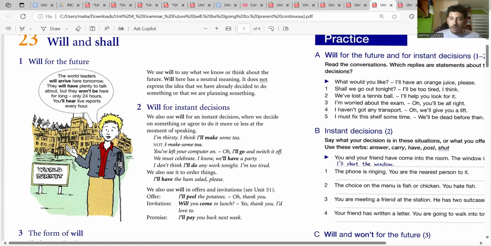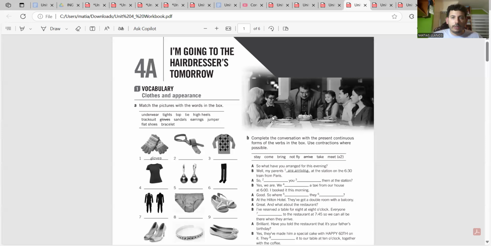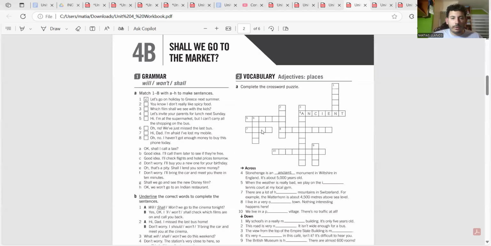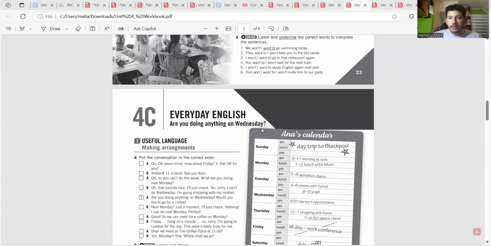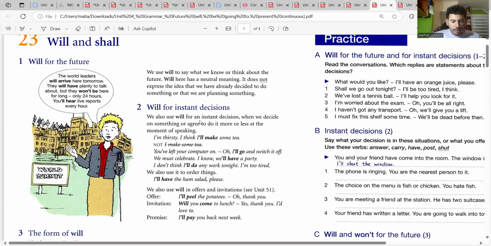As well, we have some variations that we'll see in this guide, because this guide is very complete. Then I want us to do the workbook of unit 4. And lastly, well, that's it, because we saw the entirety of the vocabulary, so it's not necessary that I jump to that.